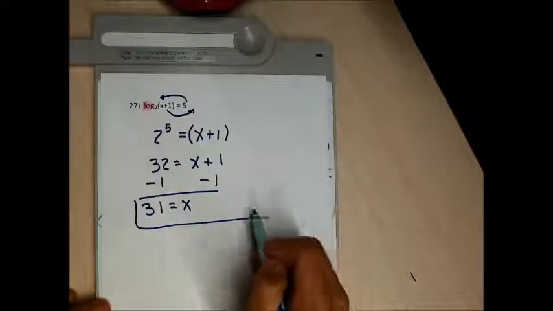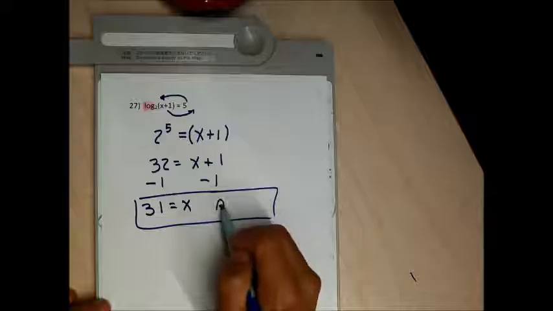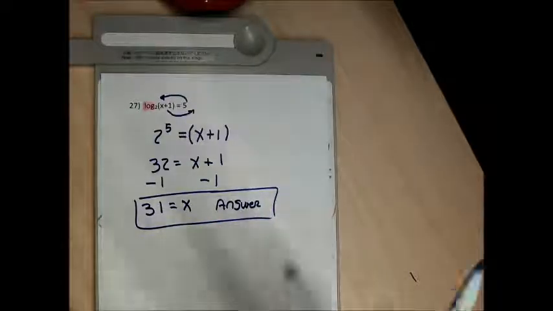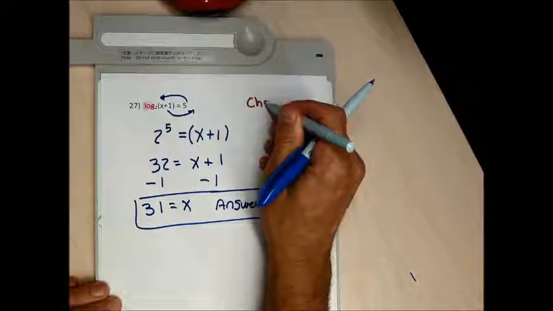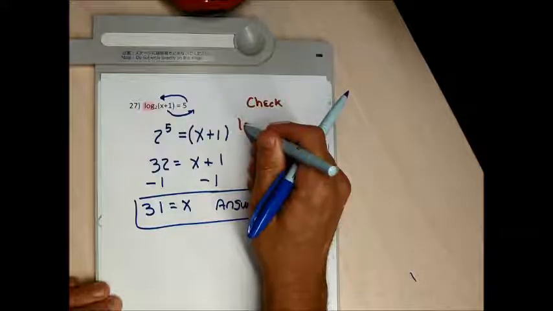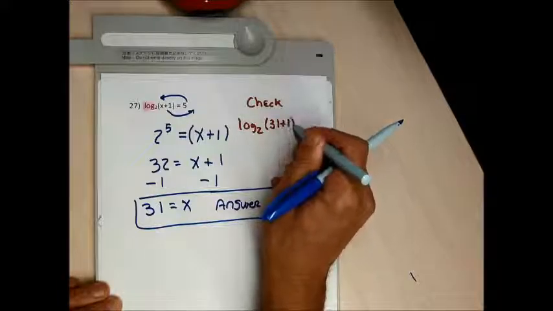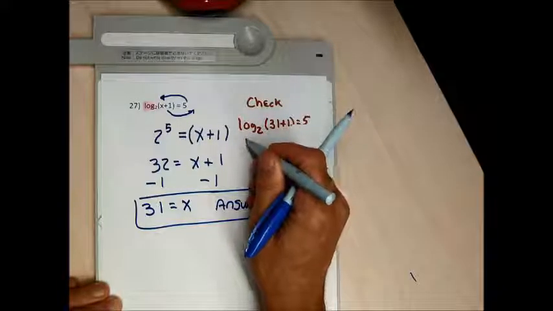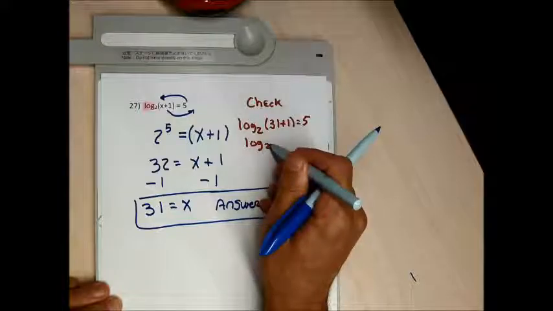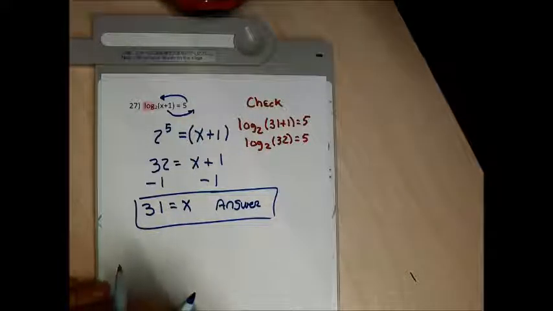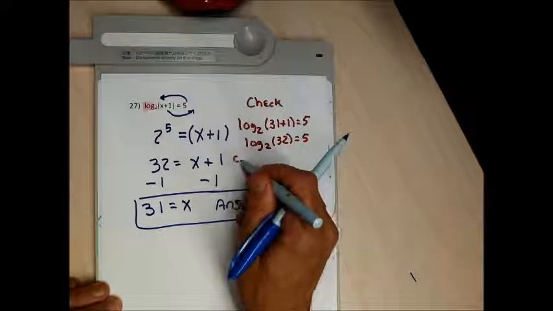So my answer for problem 27 is going to be 31 equal to x. For checking, I should go the log base 2 of 31 plus 1 equal to 5. That 31 plus 1 is easy enough to add. So I'm going to find if the log base 2 of 32 equals 5, and I'll use my calculator.